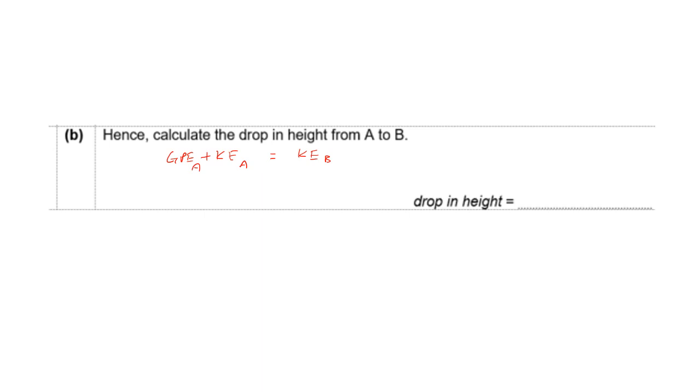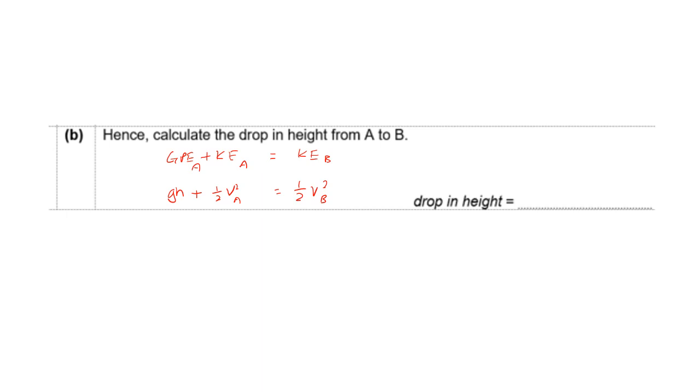Okay, so if you look at the entire equation, I hope that you can see that we will do away with the mass completely. So we have something like half v squared at A equal to half v squared at B. Again, bearing in mind, the mass is completely cancelled out in this equation.